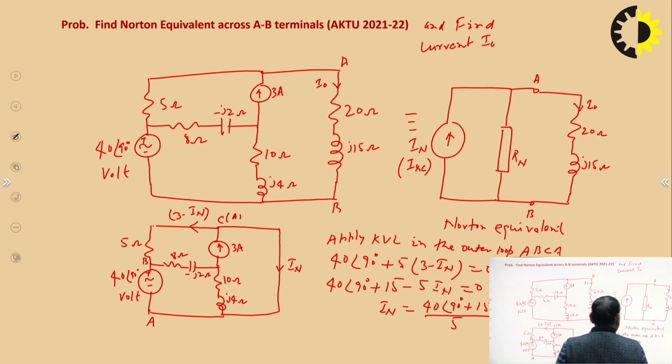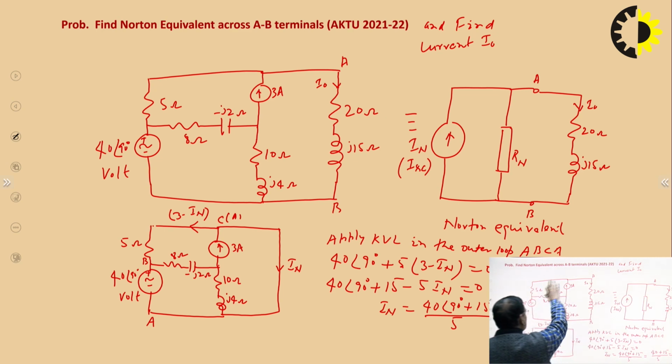So, if we convert this from polar into rectangular, it is 40 plus J0 plus 15 upon 5, so it is 11 ampere. Very simple.